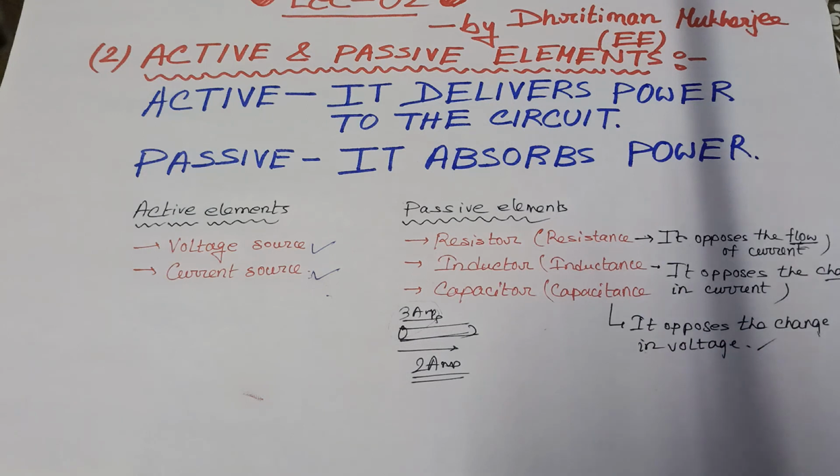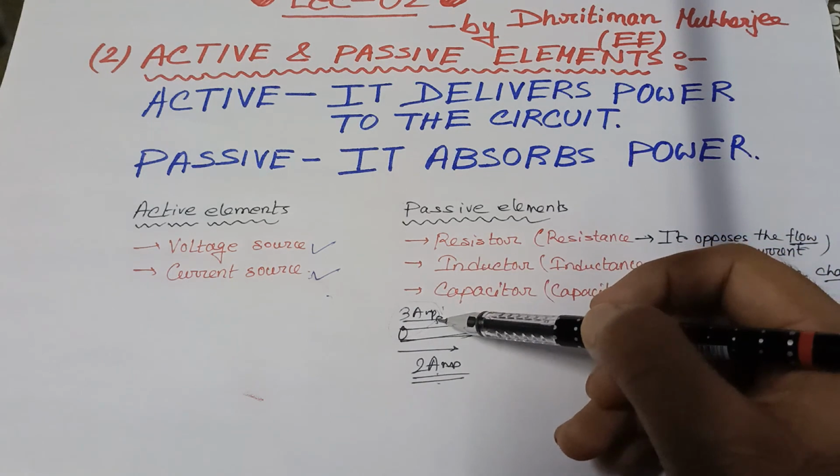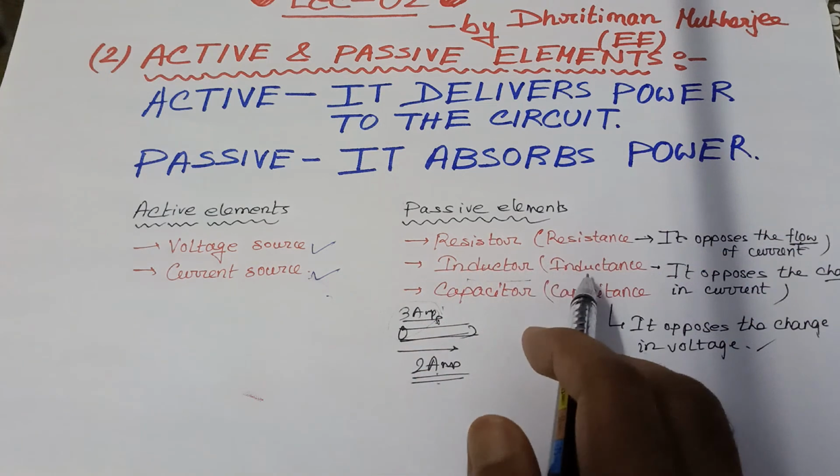You are trying to oppose the change in current, so you will oppose this sudden change of value from 2 ampere to 3 ampere. This is the function of an inductor or inductance.